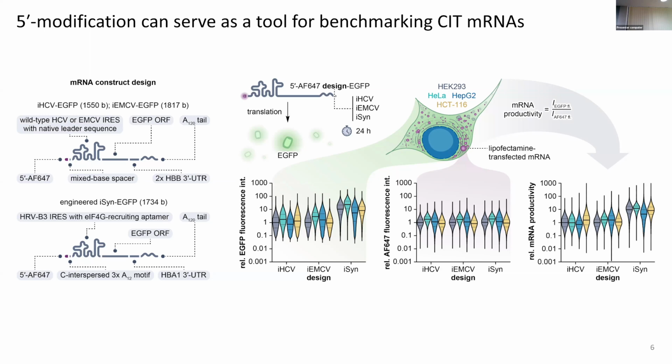That's more mRNA is delivered to the HeLa cells compared to HEK cells. So if we normalize the expression of the protein to the amount of the mRNA delivered, we can see that actually the mRNA productivity, so the amount of protein that's made from the same amount of mRNA, is the same for the 2 cell lines.